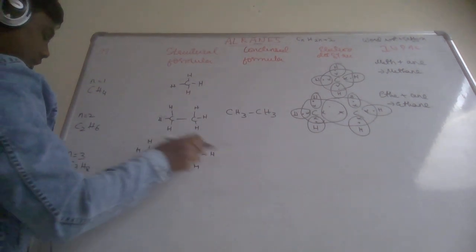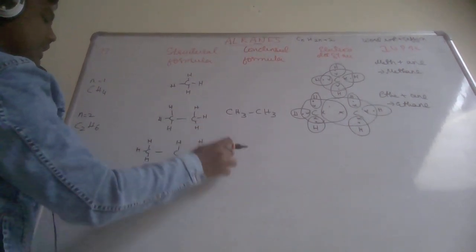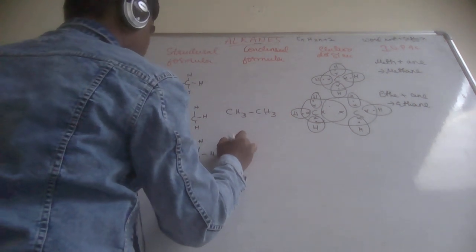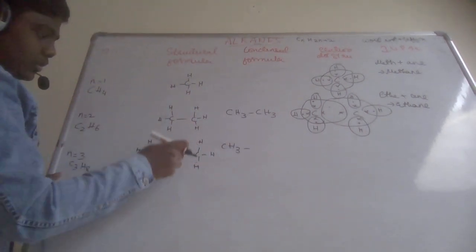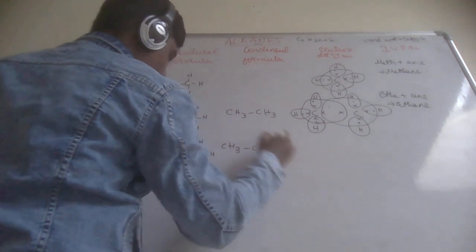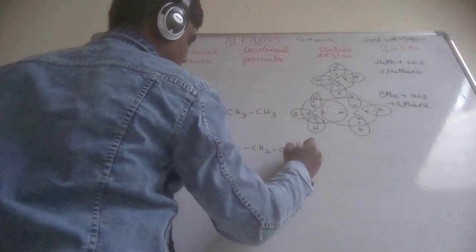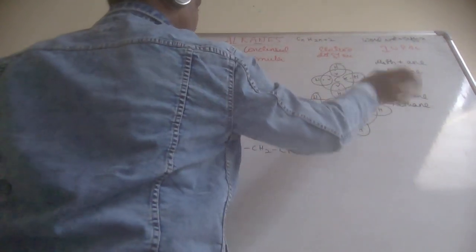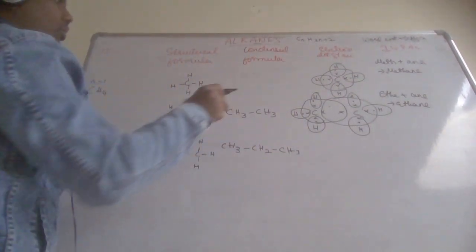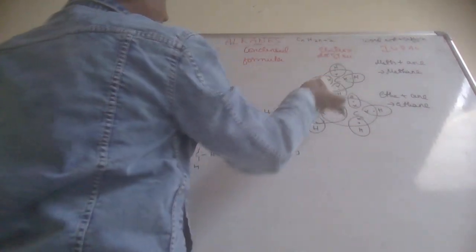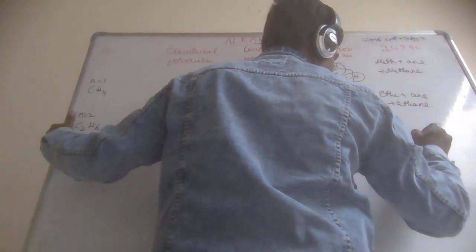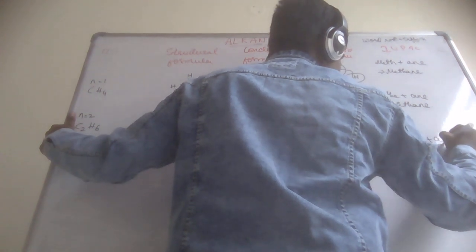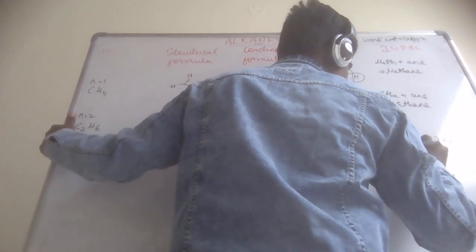So 3 carbons, 8 hydrogens. The condensed formula would be CH3, here only 2 H's, so CH2, again CH3. Then the electron dot structure would be the same, but we would be adding another carbon atom here. I'm not drawing it because it would be the same. The word root for 3 carbon atoms would be prop, and the suffix is the same, so the compound would be propane.